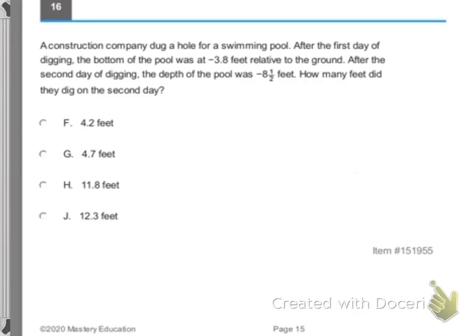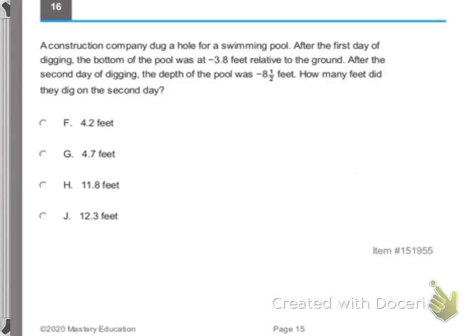A construction company dug a hole for a swimming pool. After the first day of digging, the bottom of the pool was at negative 3 8/10 feet relative to the ground. After the second day of digging, the depth of the pool was negative 8 1/2 feet. How many feet did they dig on the second day?